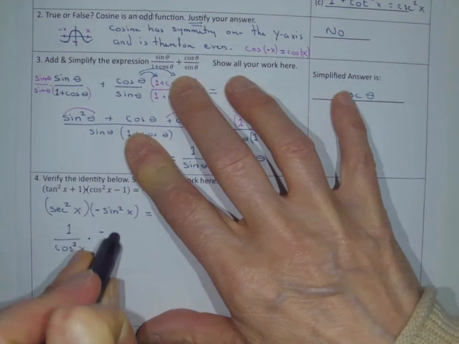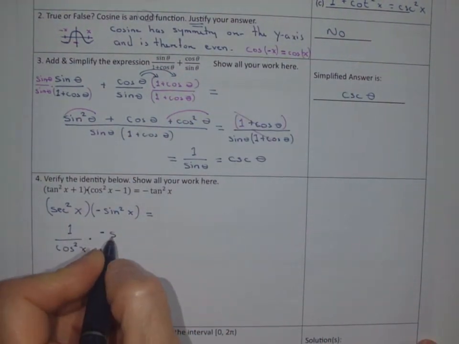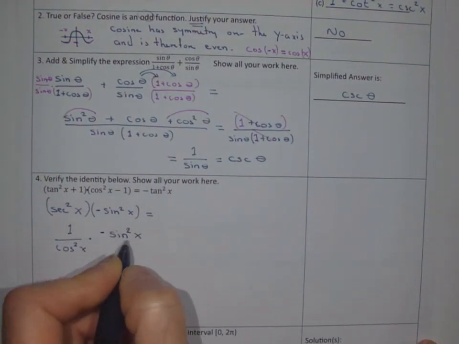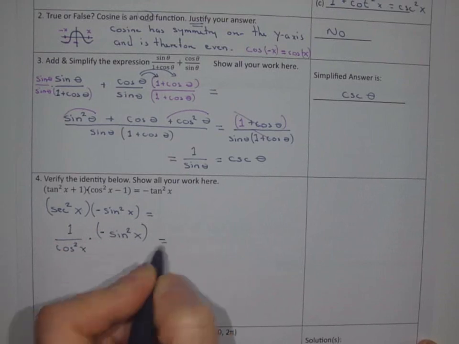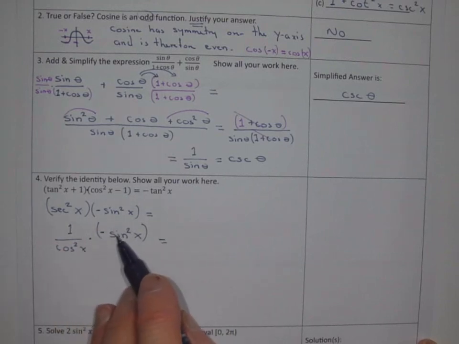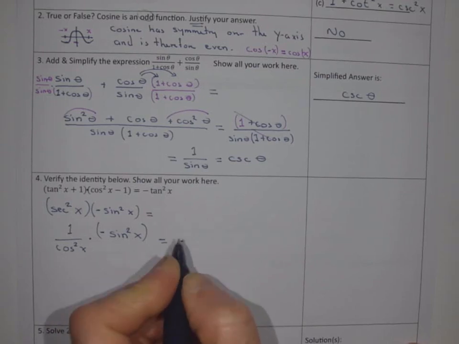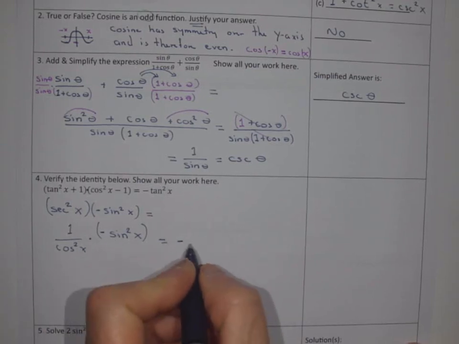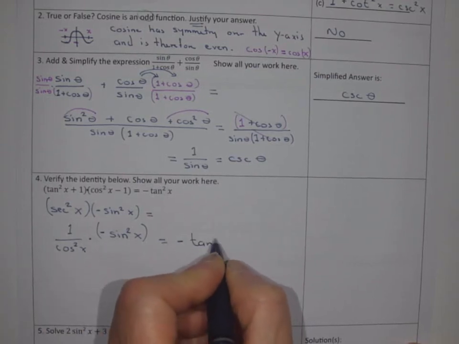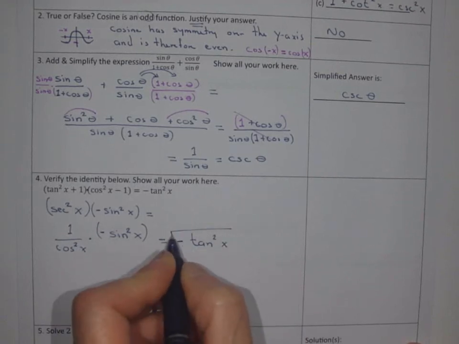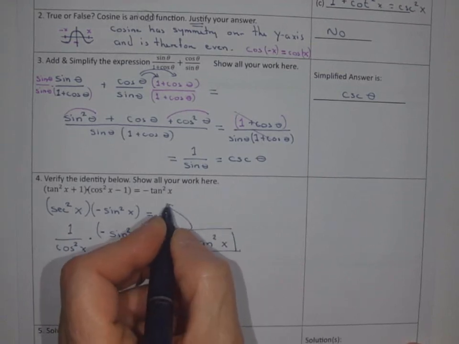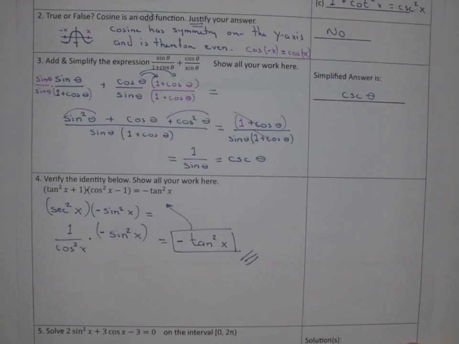It's not negative 1, it's just a negative sine squared of x. And when I multiply those through, it will be negative sine squared of x over cosine squared of x, and that's equal to a sine over a cosine is a tangent, so that will be equal to negative tangent squared of x. And this is what we had, so we proved it, okay?